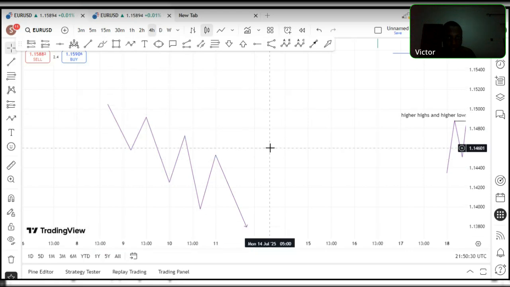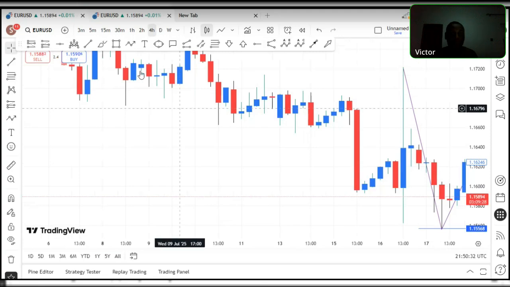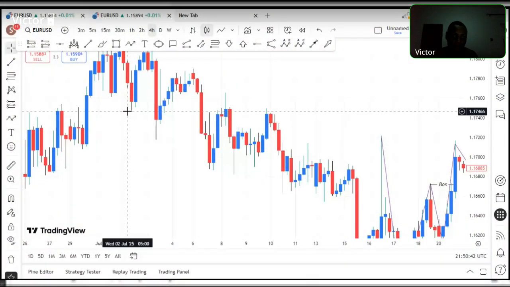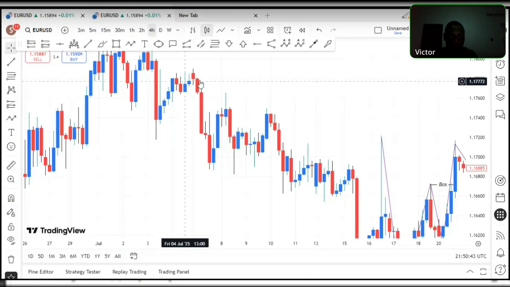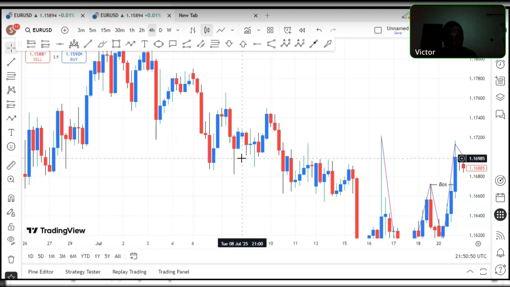Let's look for it in the market. Look at it from this point. You see it, the market from here came here, created a lower low, came here, lower high, then lower low, then lower high, then lower low.